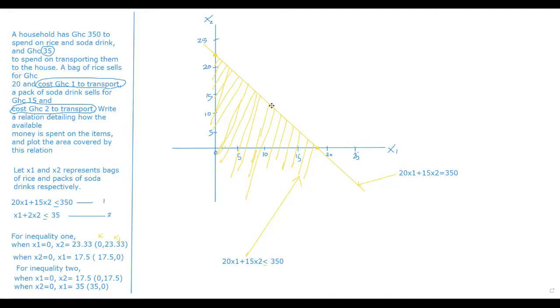All right. So we plot the line for inequality 2, and let's plot that one using a different color. When X1 is 0, S2 becomes 17.5. Will it be on the S2 axis or the S1 axis?